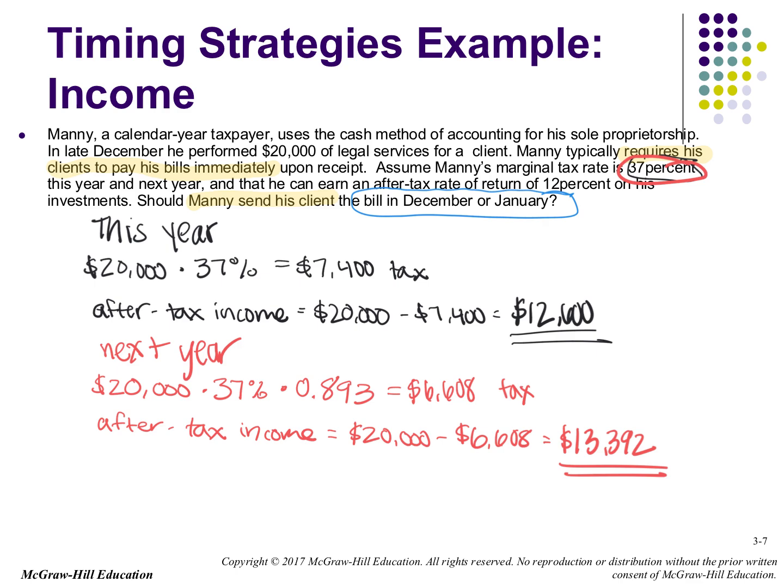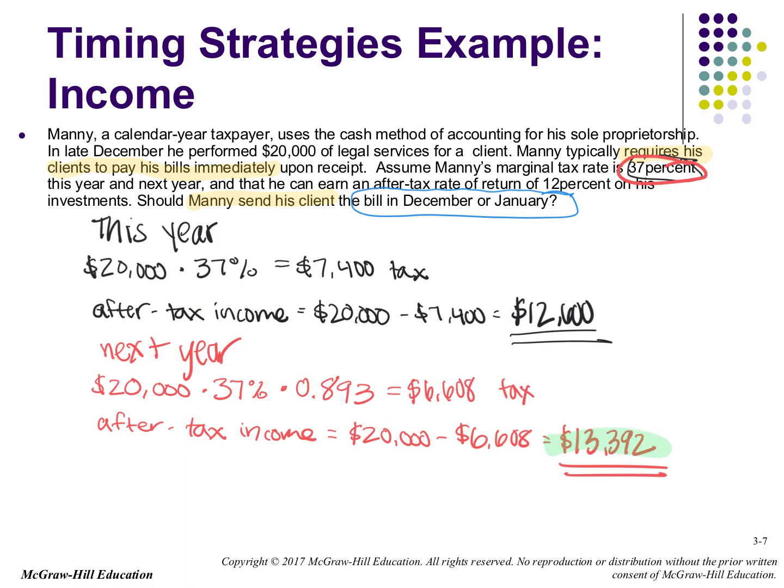So now that we've done that math for the comparison, let's go back to our original question. Should Manny send this client the bill in December or January? Whenever I look at this, I would want to send the bill next year, so probably the beginning of January.